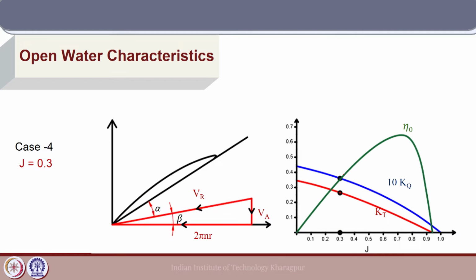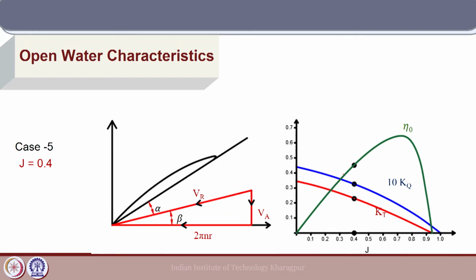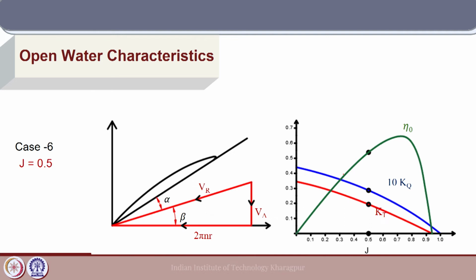Similarly, if we go on like this from 0.3 to 0.4, we see that the angle beta gradually increases, which leads to the decrease of alpha. Why? Because the phase pitch angle phi of a particular blade section, which we assume here at 0.7 R, is constant.